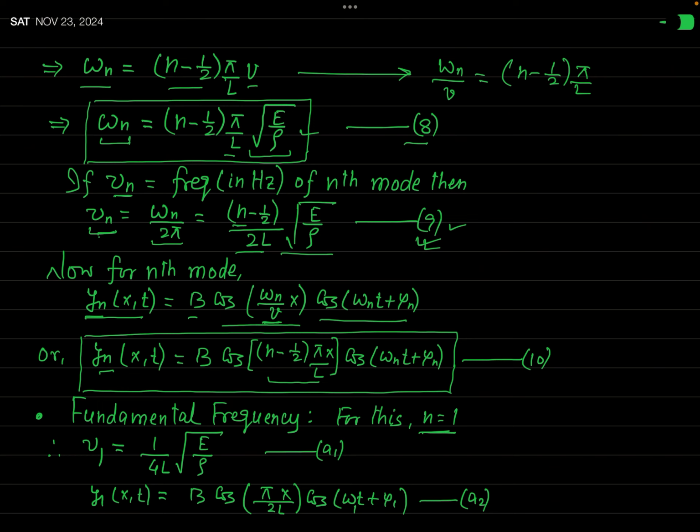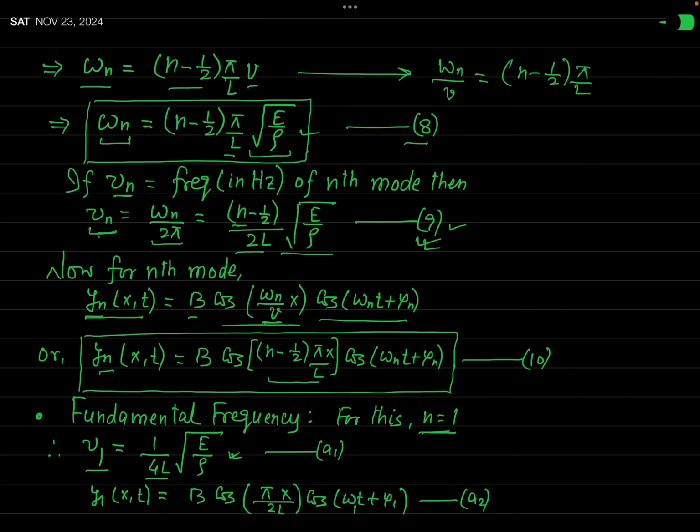And then you can see the fundamental frequency nu1 will be equal to 1 over 4L times a square root of E over rho. This is the expression for the fundamental frequency or the least frequency or the minimum frequency of vibration of air column in a tube which is closed at one end and open at another end.